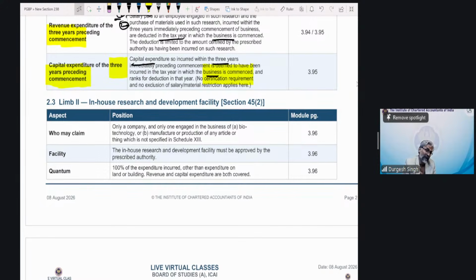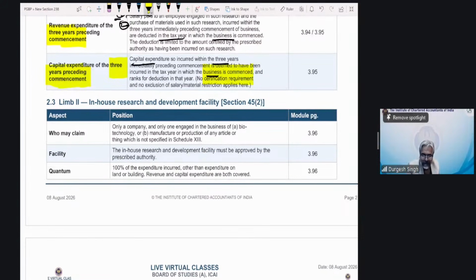Just imagine capital expenditure at 200%. The kind of incentive the government was giving to this category was tremendous. Then the government said we have now achieved the purpose we had to achieve, so let's regulate it to 100%.